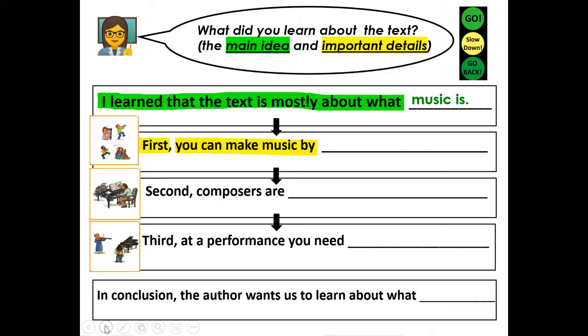First, you can make music by. Okay, now that you've said your sentence, push pause and write your complete sentence using this sentence frame. After you've done writing your first sentence, push play.